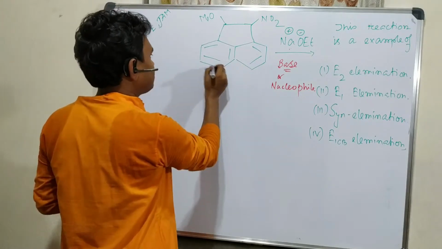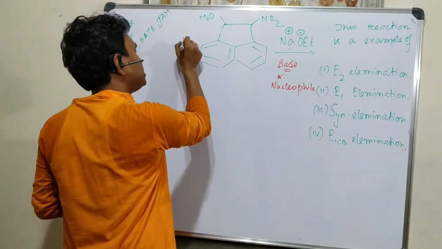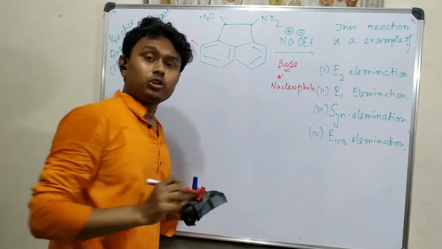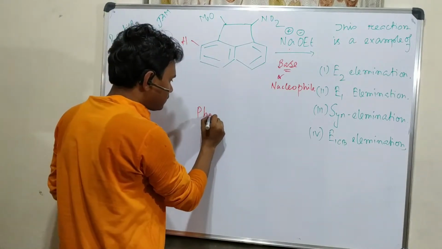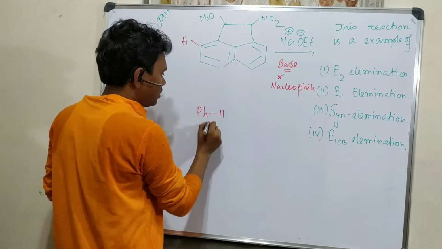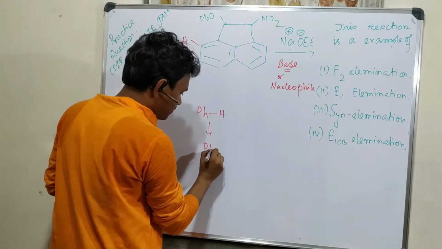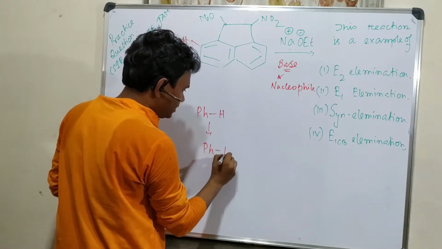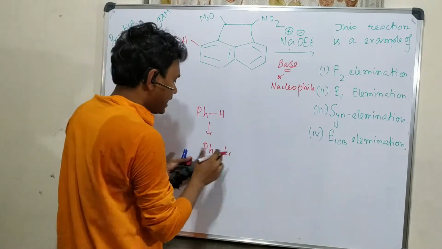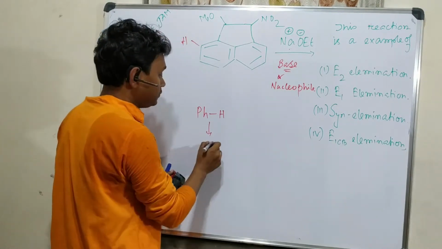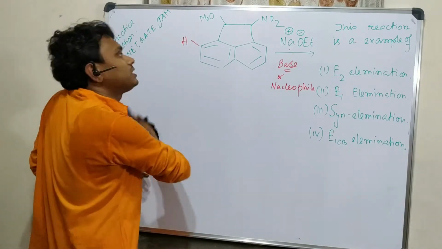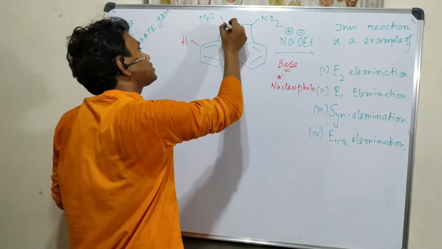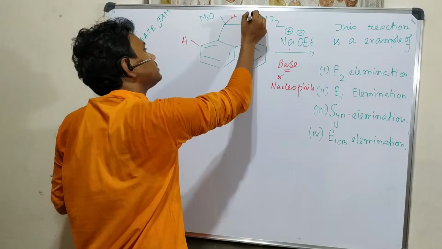What could be the possible way? Such aromatic protons are not basic enough, because we know that preparing phenyl lithium, or a phenyl anion, from this is very difficult. So abstraction of this aromatic proton is not easy. Second, abstraction from here or here.